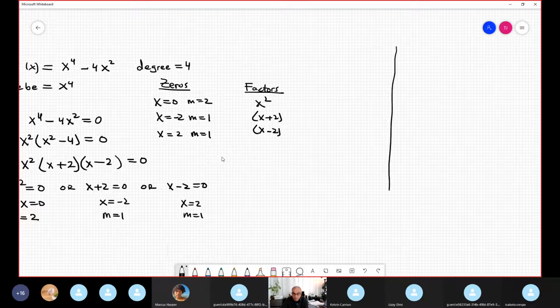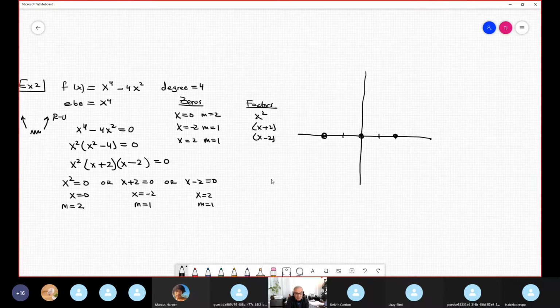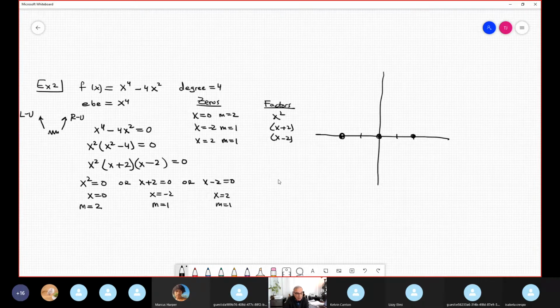The zeros are at 0, at 2, and at negative 2. So the graph and the end behavior can look like that. Look at that part, don't forget this, it's important. The graph is coming from this.